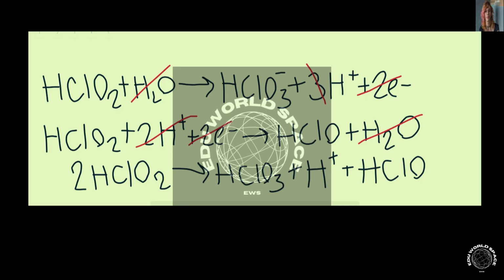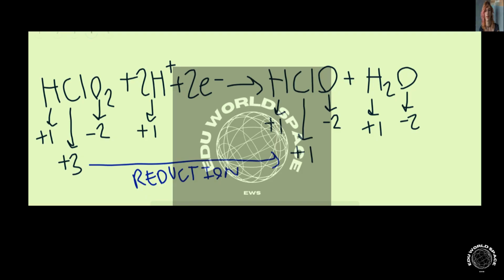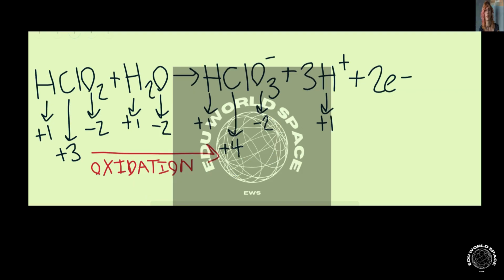So this seems like it could be a disproportionation reaction. We could have HClO2 being reduced or oxidized to either HClO3 or HClO. But in order to determine that, we need to first define the oxidation states. So first, let's do this for our first half reaction.